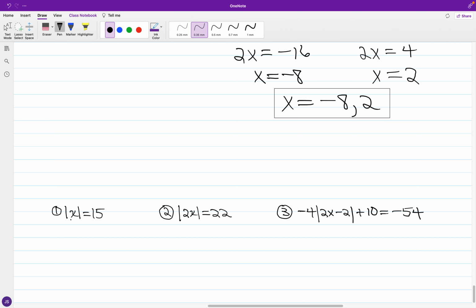The values of x will be those numbers that are 15 units away from 0. So x is going to be positive or negative 15. Two numbers with absolute value of 15: we end up with 15 as well as minus 15.